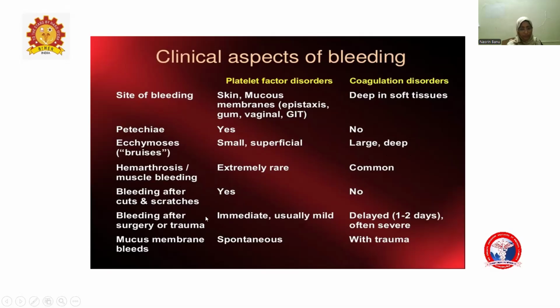Patients with platelet factor disorders will have immediate bleeding after surgery or trauma, and it will usually be mild. Whereas in patients with coagulation disorders, bleeding after surgery will be delayed, usually seen after 1 to 2 days. There are spontaneous mucous membrane bleedings in platelet factor disorders, and only with trauma there will be bleeding in coagulation disorders.